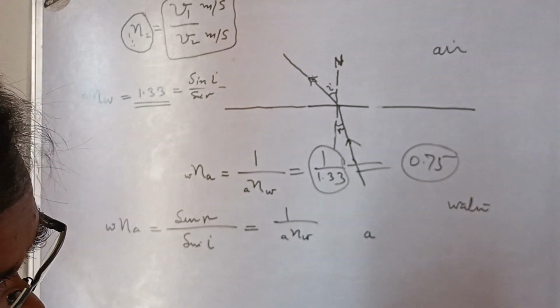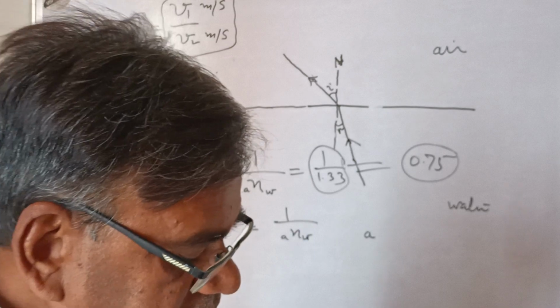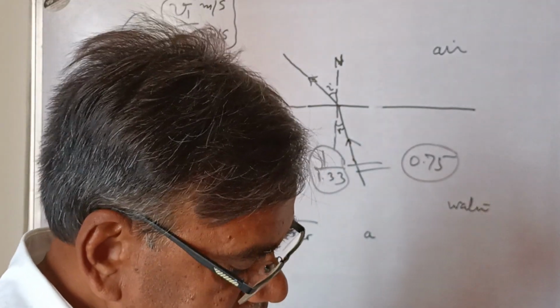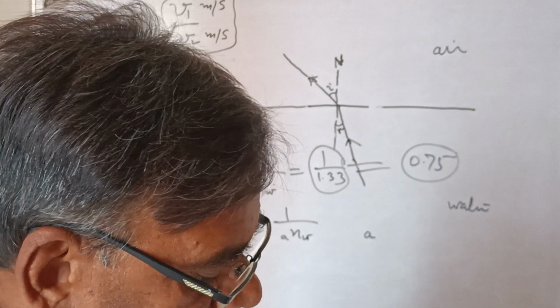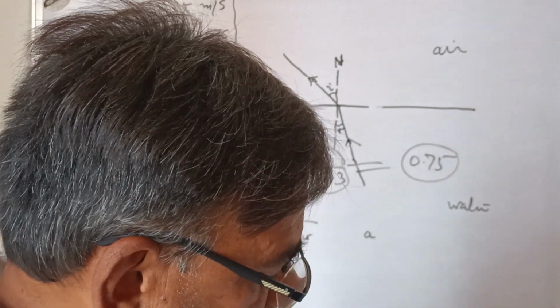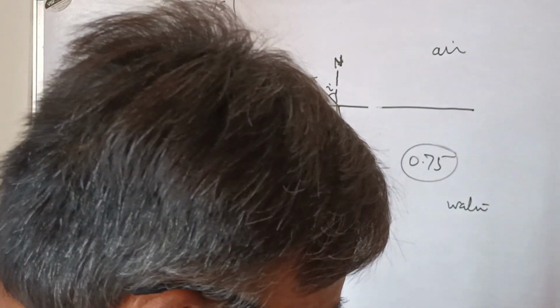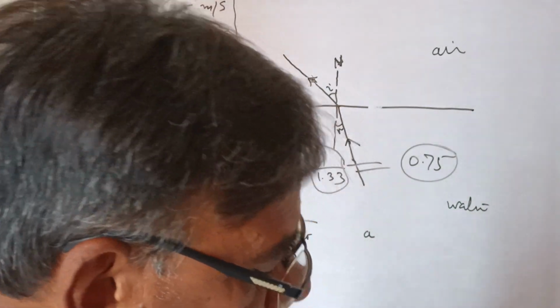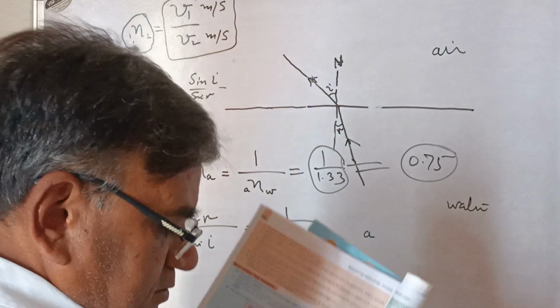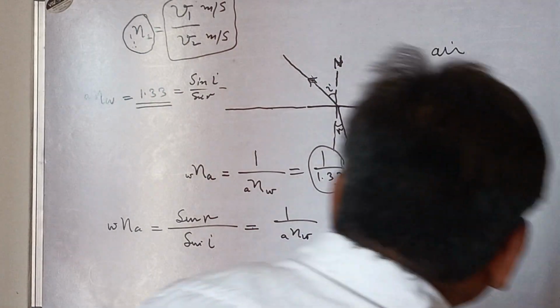The speed of light in air is 3 into 10 to the power 8. In medium X it is 2, and in medium Y it is 2.5 into 10 to the power 8 meter per second. So you have to calculate, air is given, and then there are two mediums.